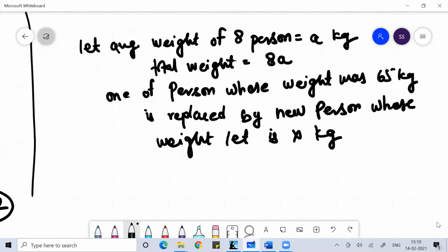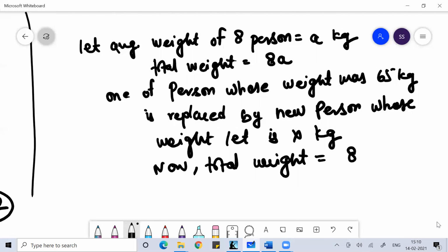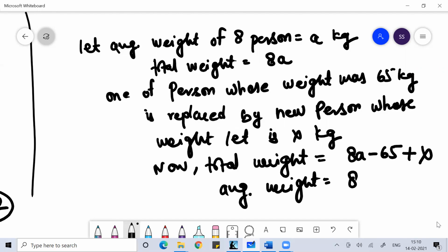So now, what is the total weight? From 8a, you're removing 65 kg and adding a new person whose weight is x kg. So what is the average weight now? The average weight now is (8a minus 65 plus x) divided by 8.